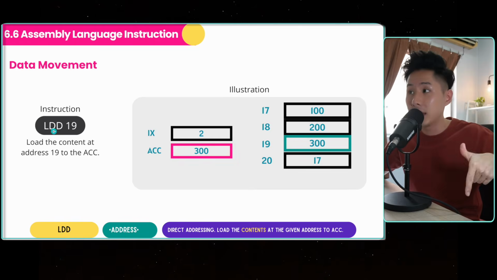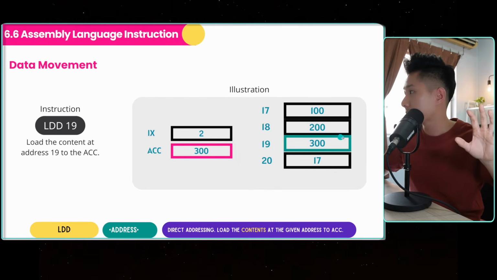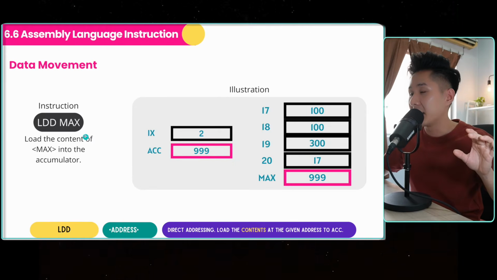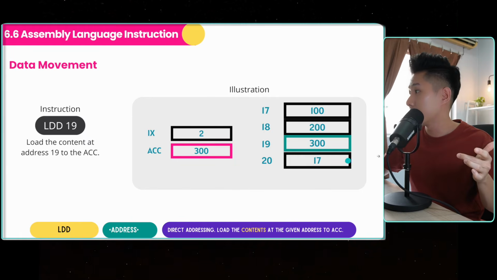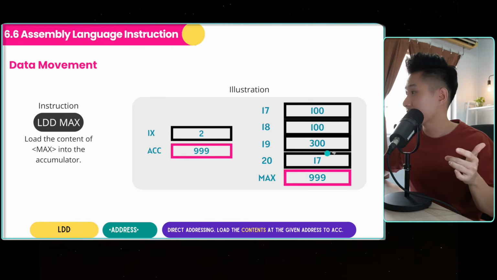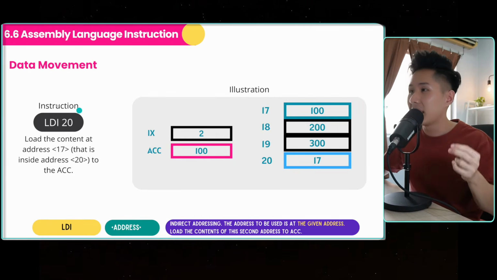So that's what LDD does, direct addressing. Whereas you can also put a label here. Previously we put a number, an address, but you can also put a label as your operand. Basically, I'm saying I want to load the value that is inside max, 999, into my accumulator. So that's two ways you can use it.